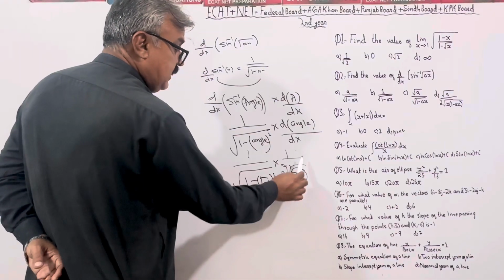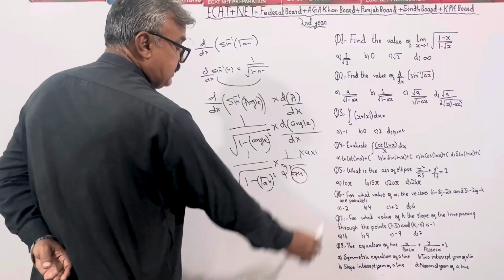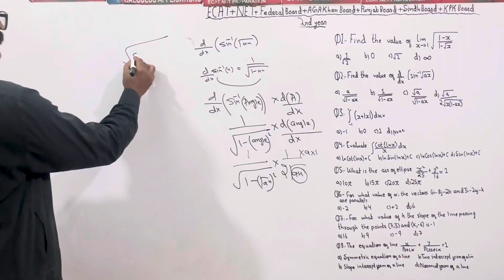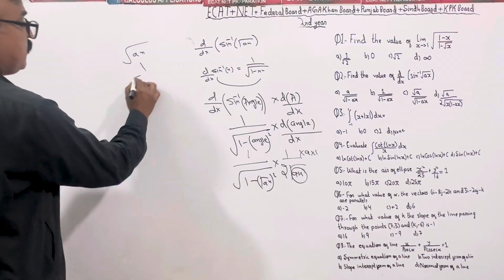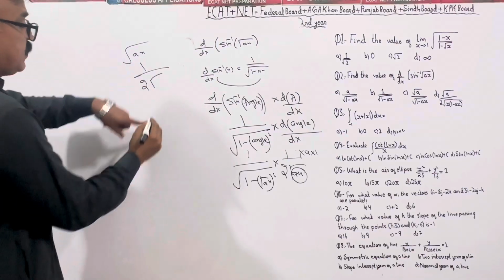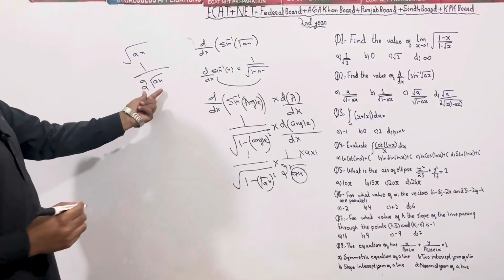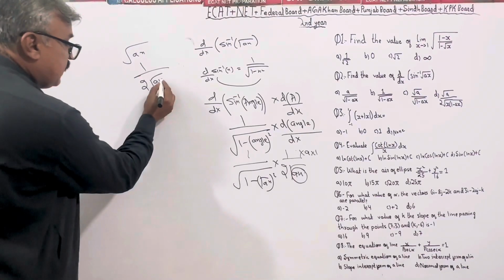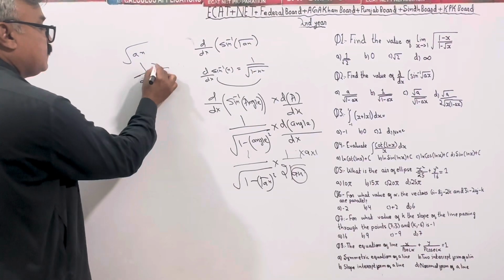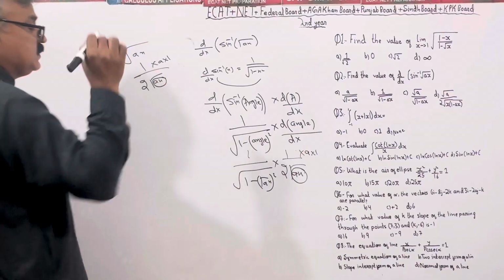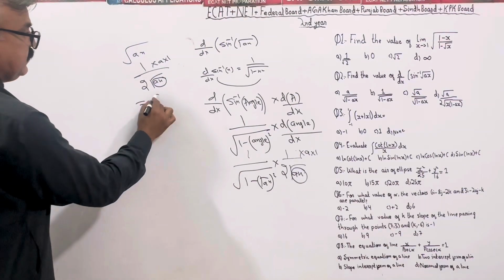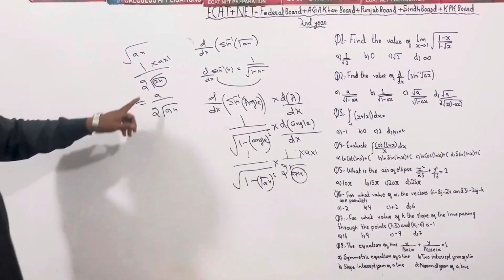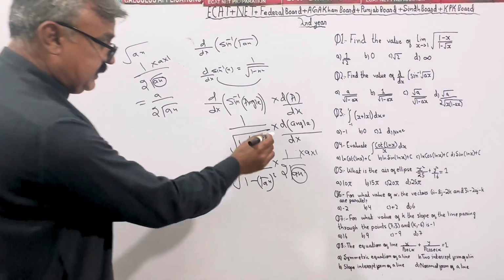Let me explain how I handle under root: 1 upon 2, whatever is in the square root, write it in the denominator. Whatever is inside the root, differentiate it: a times x gives a. So we have a over 2 root ax. Same is the case here.